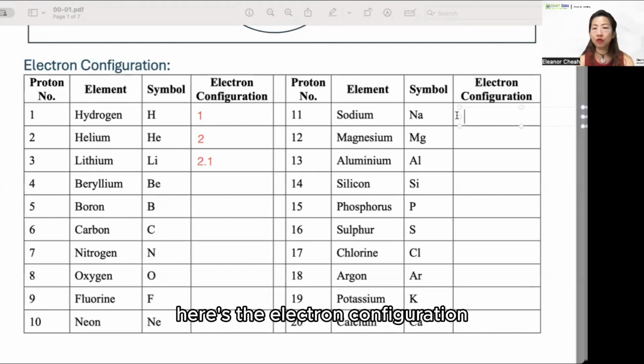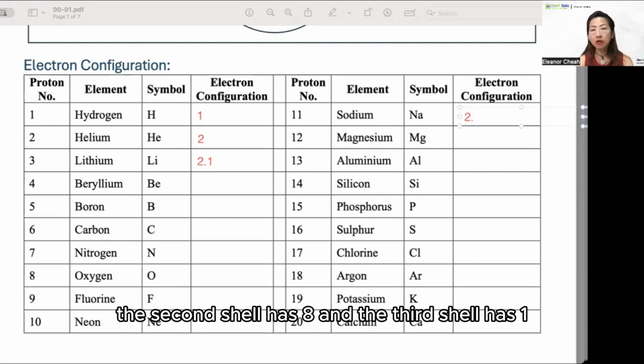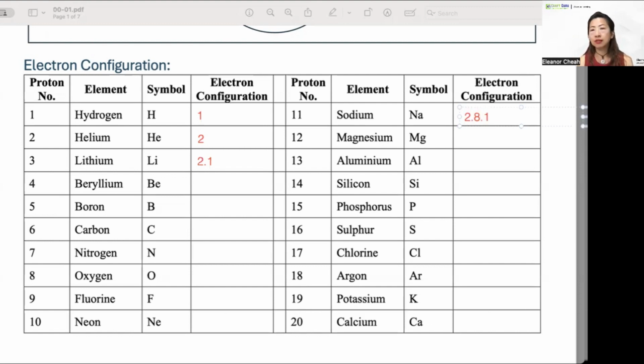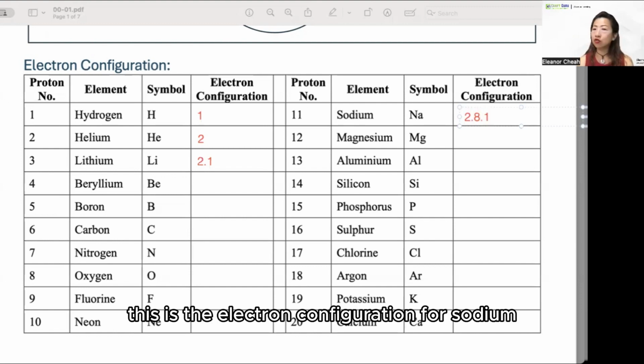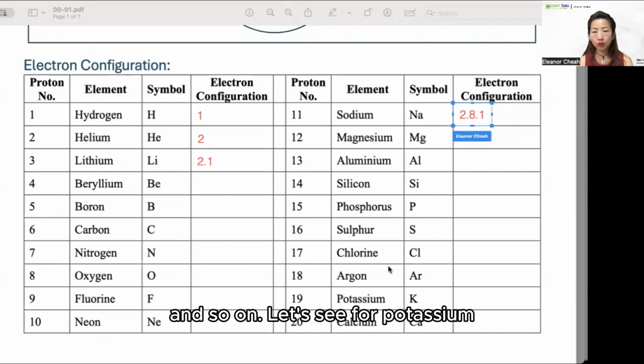Here's the electron configuration. The first shell has 2 electrons, the second shell has 8, and the third shell has 1. This is the electron configuration for sodium, 2.8.1, and so on.